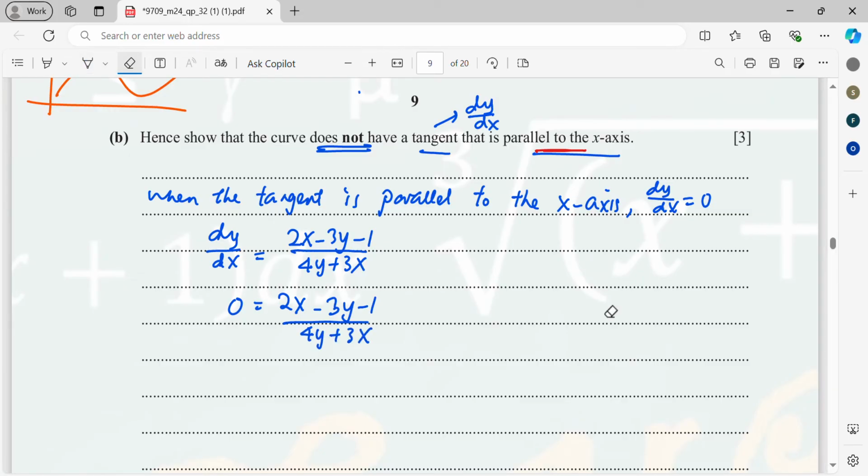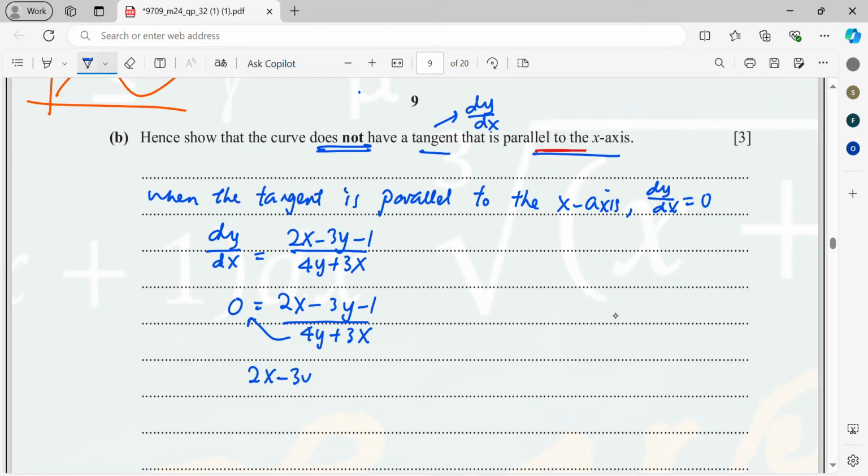Now, when it is 0, the denominator is still left, I mean the numerator equals 0, which means now I get 2x minus 3y minus 1 equals 0. And then from here, I can get 3y equals 2x minus 1. Let this be the first equation.